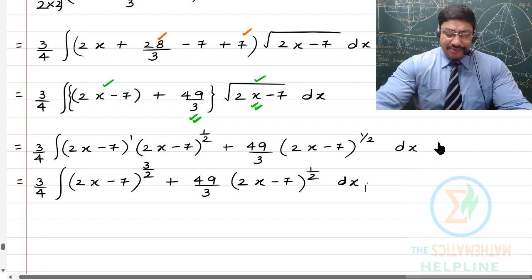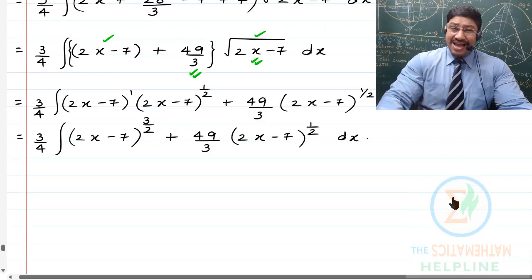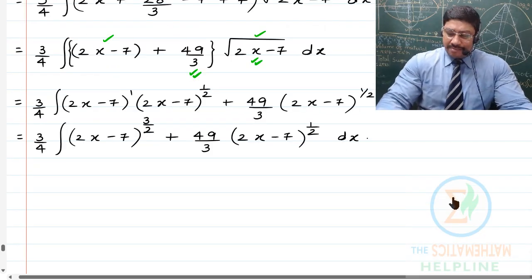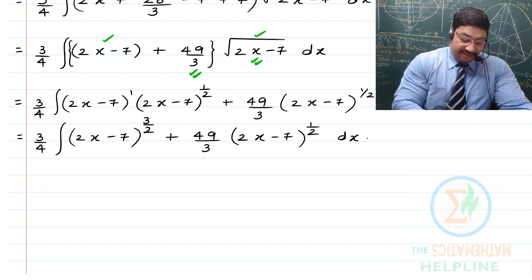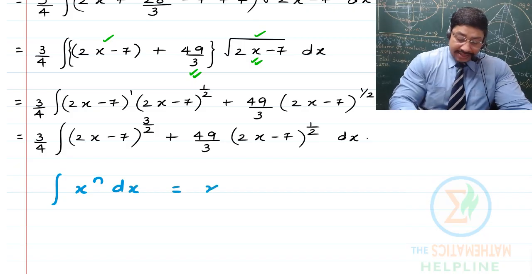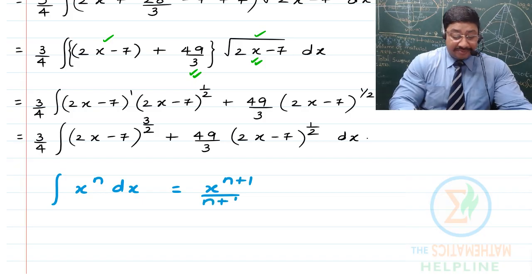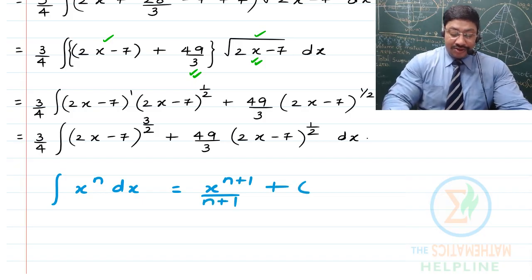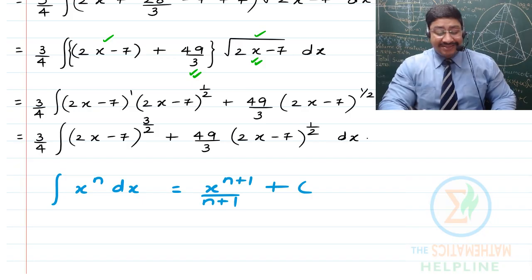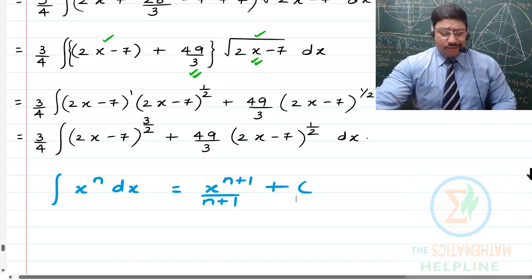But at this time, you know that this can now be treated just like x raised to the power n. Remember, the formula is, if you have integration of some x raised to the power n dx, this becomes equal to x raised to the power n plus 1, divided by n plus 1, and to that then the constant of integration is added. This is a very regular formula that we've been using.